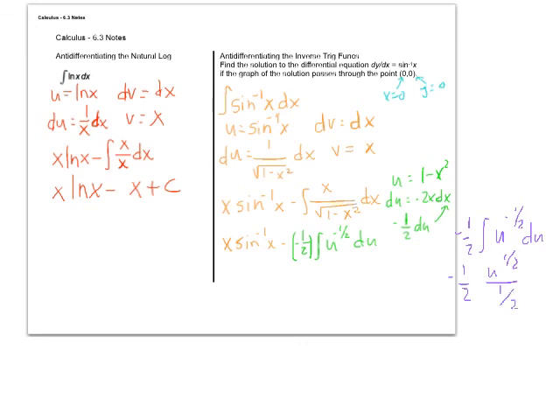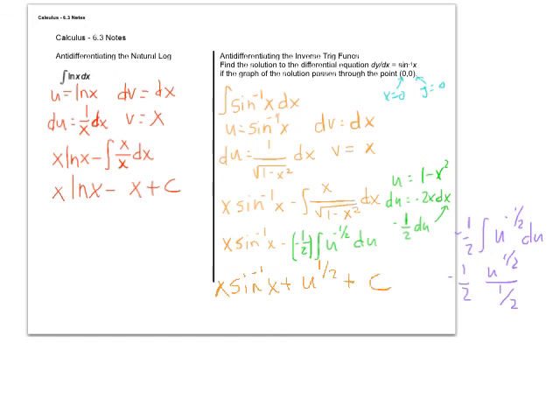And remember, these two guys right here are going to cancel out, because 1/2 divided by 1/2 just becomes a 1. So I'm only going to be left with u to the 1/2 power. So back over here to my problem, I've got x arc sine of x, and remember the 1/2 cancels out, so plus u to the 1/2, plus c.